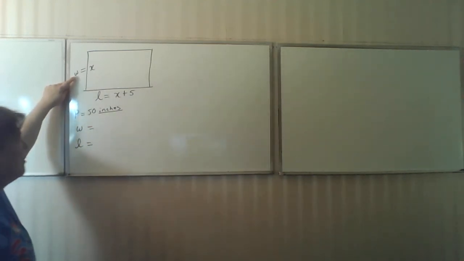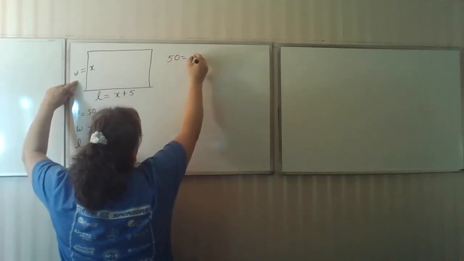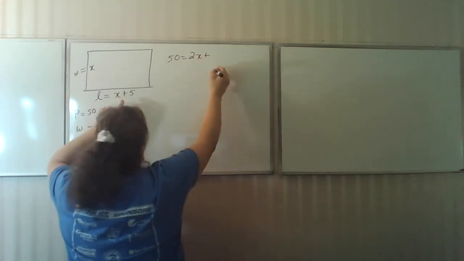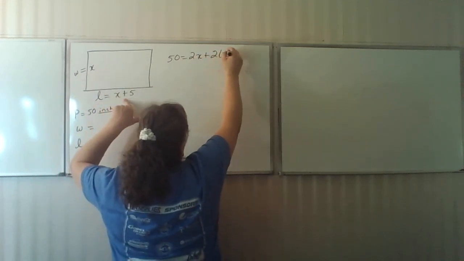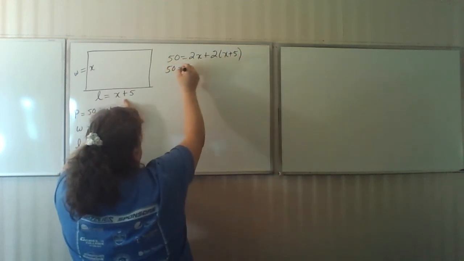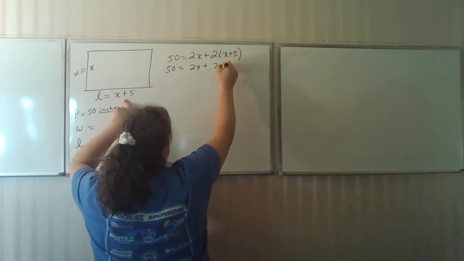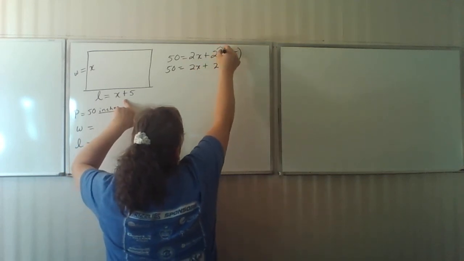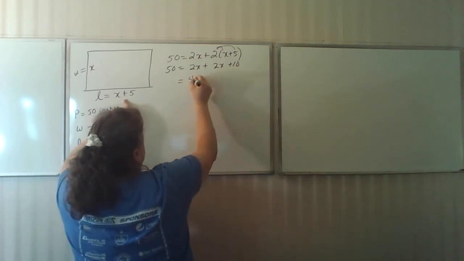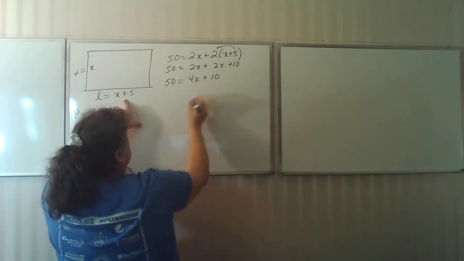So using our perimeter formula, you have 50 is equal to 2 times my width plus 2 times my length. So 50 is equal to 2x plus 2x plus 10 because of the distributive property. 2x plus 2x is 4x plus 10 is equal to my 50.